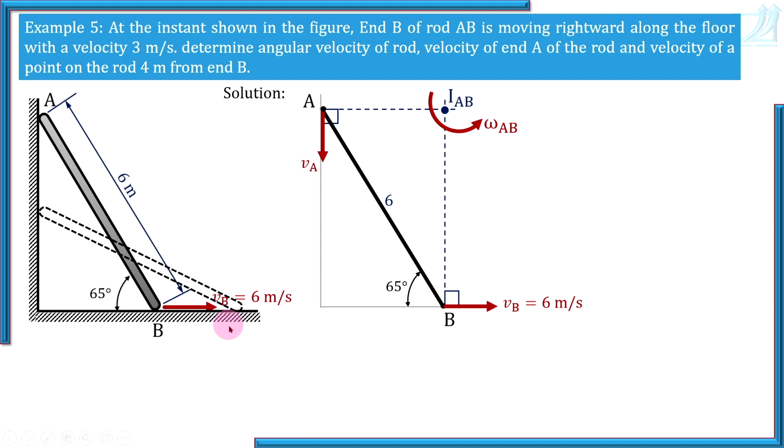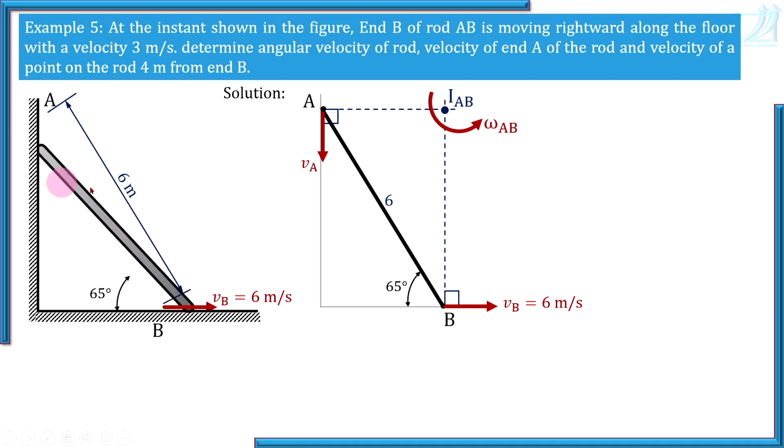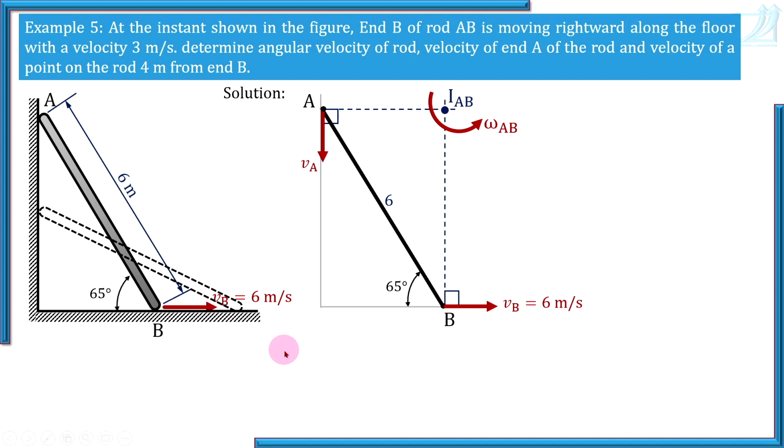Yes, that means there is angular displacement, and angular displacement means a rotation. And check again, you will understand now that rod AB is rotating about a point somewhere here. So about this point it is rotating. So that point we have located at this particular instant given in the diagram.